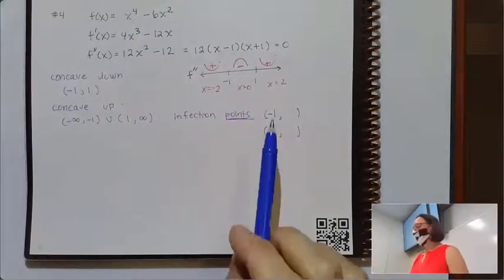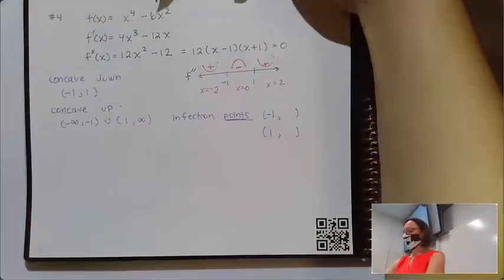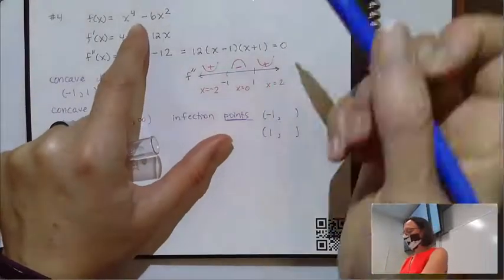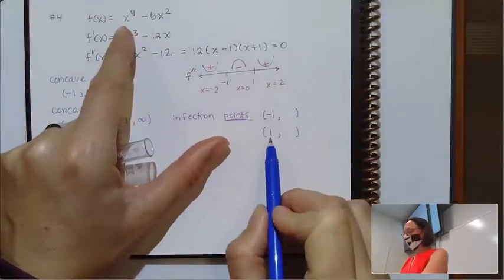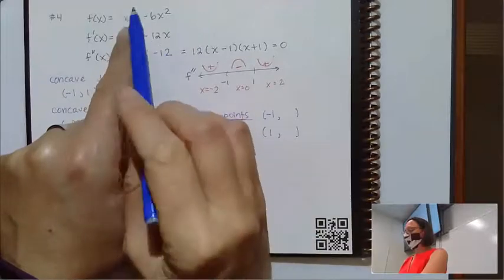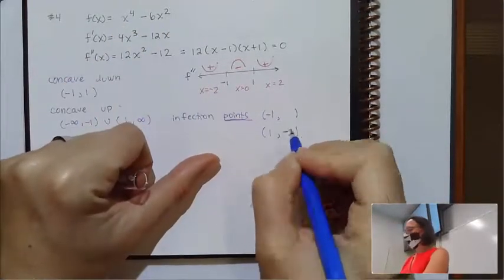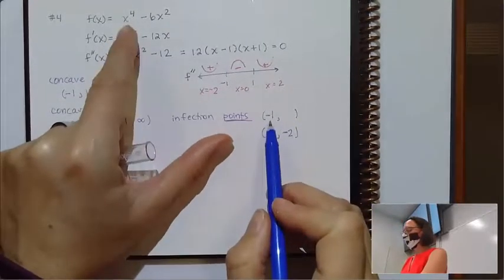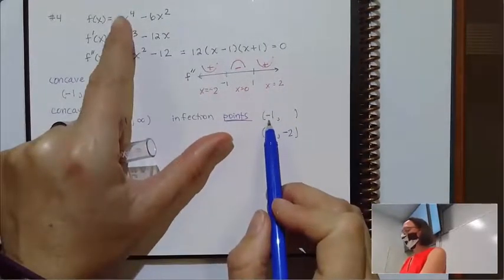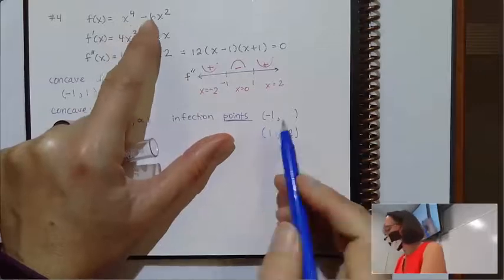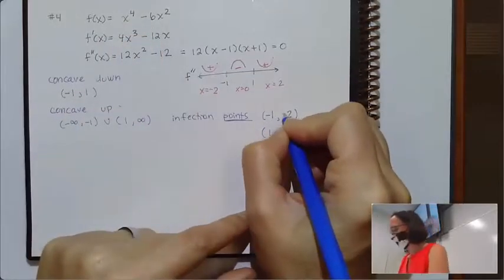But I need to plug that into the original function to get a y value back. When I plug in 1, that would be 1 minus 6, so -2. When I plug in -1, that is also 1 minus 6 or -2.